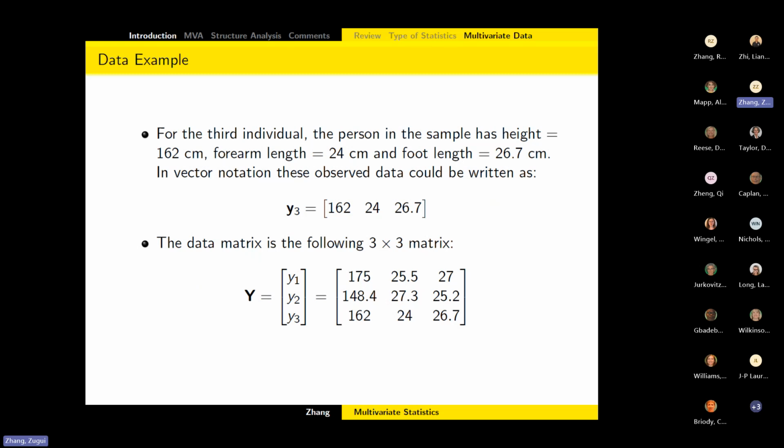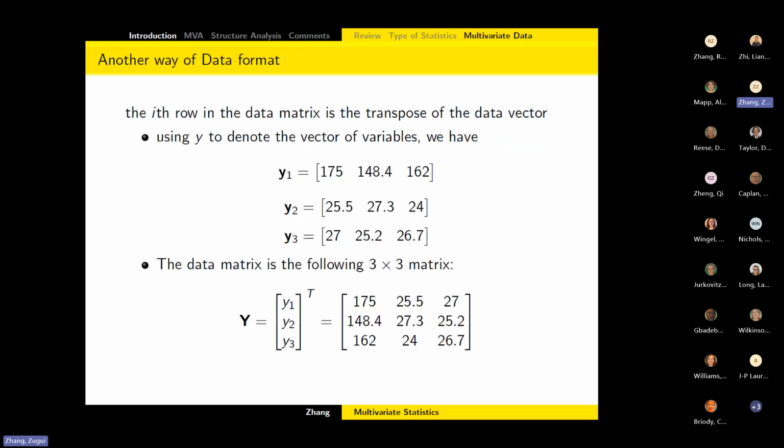So the outcome in matrix form will be a 3x3 matrix. This is one of the important differences between multivariate statistics and other statistics. And then we can use the vector and matrix notation to indicate the outcomes.